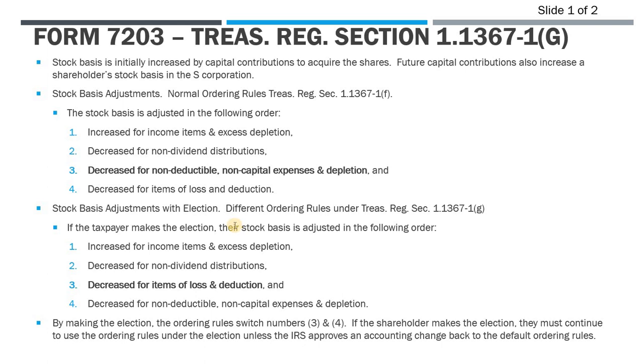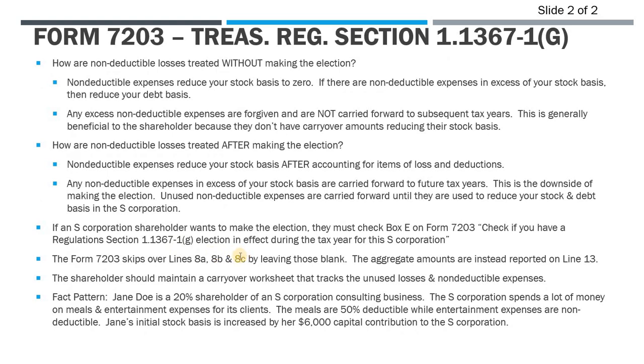Now that we've covered at a high level what is happening here, let's start looking at the details a bit more, and then we'll see on the return how this makes a difference on Jane's tax return. When we have not made the election, non-deductible expenses reduce your stock basis to 0, and then you can use them to reduce your debt basis as well.